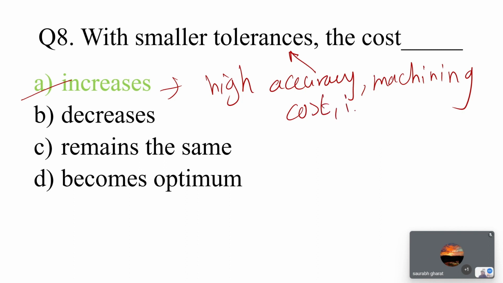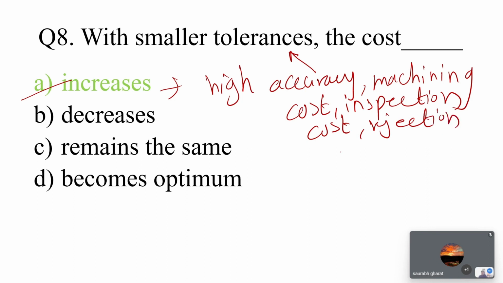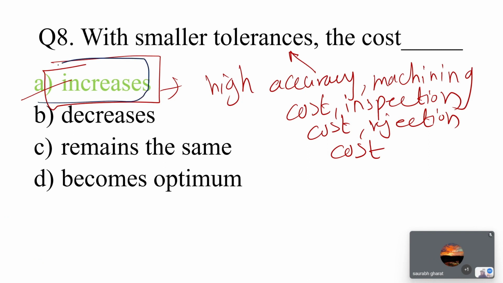Then the inspection cost, and again the rejection cost. So everything will come into the picture, and the cost will increase. This is the correct answer.